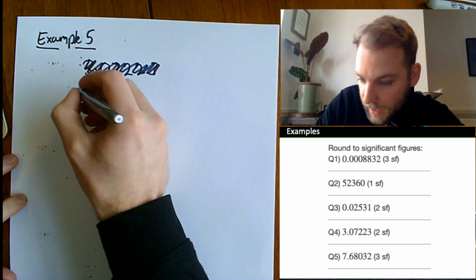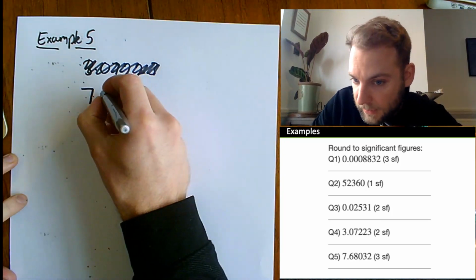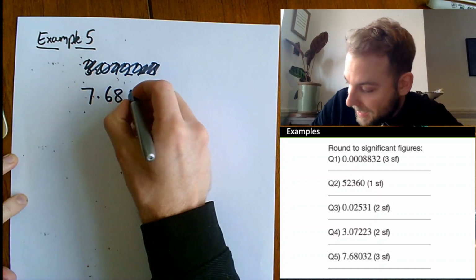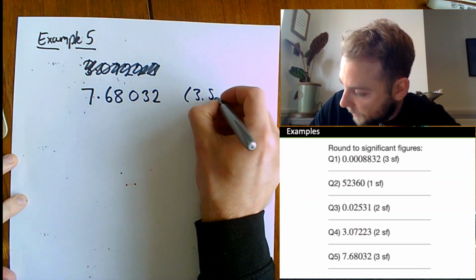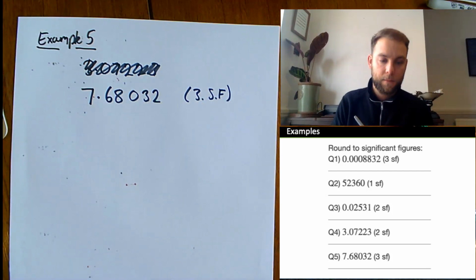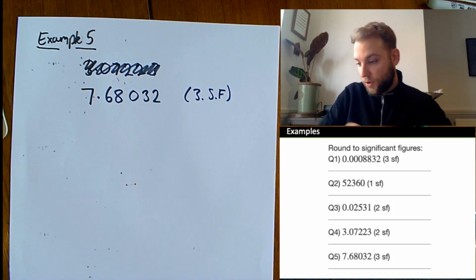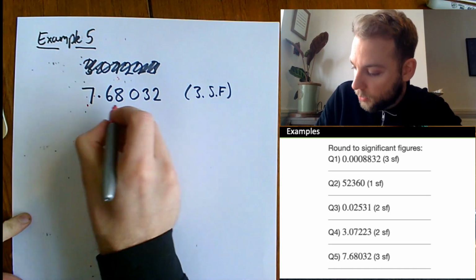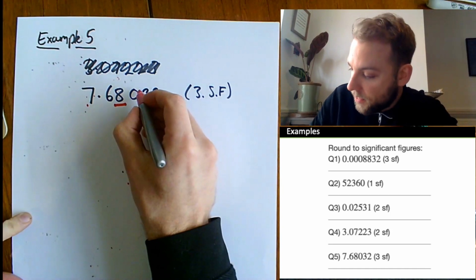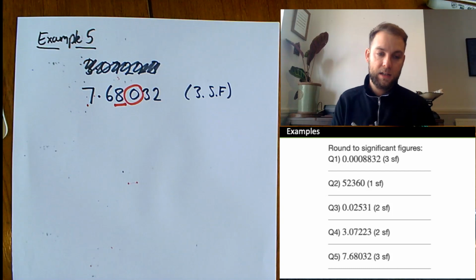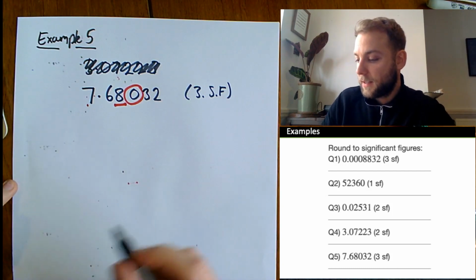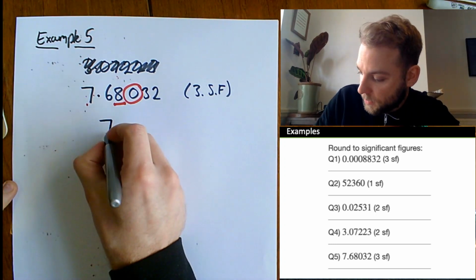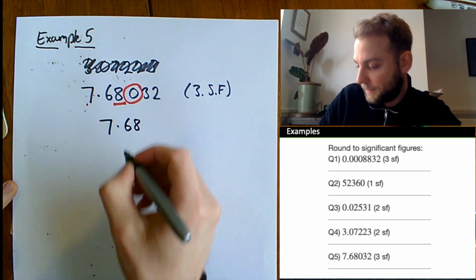So this next one is 7.68032, and that's to 3 significant figures. So my third significant figure here is 1, 2, 3, which is there. This is the one I'm going to be looking at. I know that it's 0, so it's going to stay the same. So this one's going to be 7.68, like so.